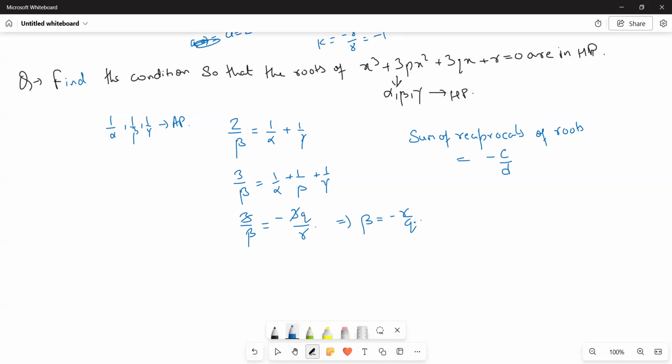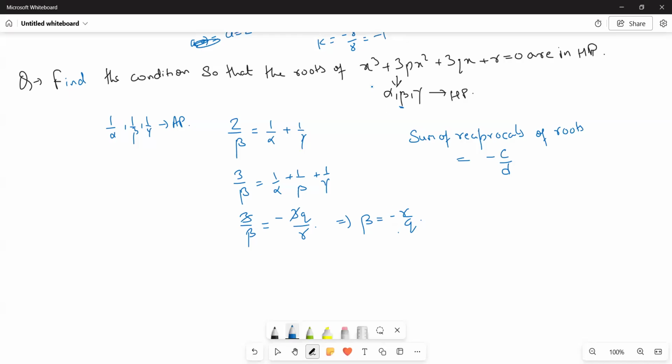So is everyone clear till here? But beta is one of the roots of the cubic. So what should beta do? It must satisfy the equation.